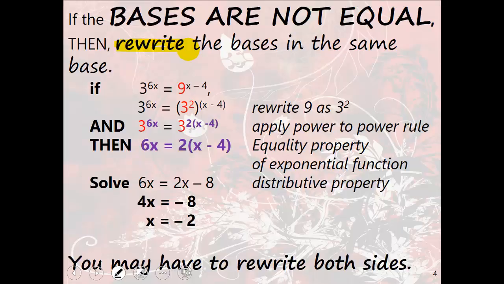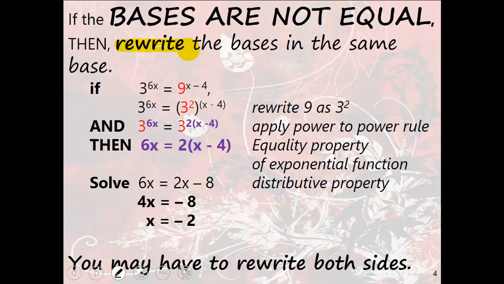So if I'm given the example, and this is all worked out, so I'm going to just talk through it. 3 raised to the 6x is equal to 9 raised to the x minus 4. Notice how my base 3 over here does not match my base 9, does it? So I'm going to leave base 3 all alone, just leave it as it is, but I'm going to take 9 and rewrite it as 3 squared.